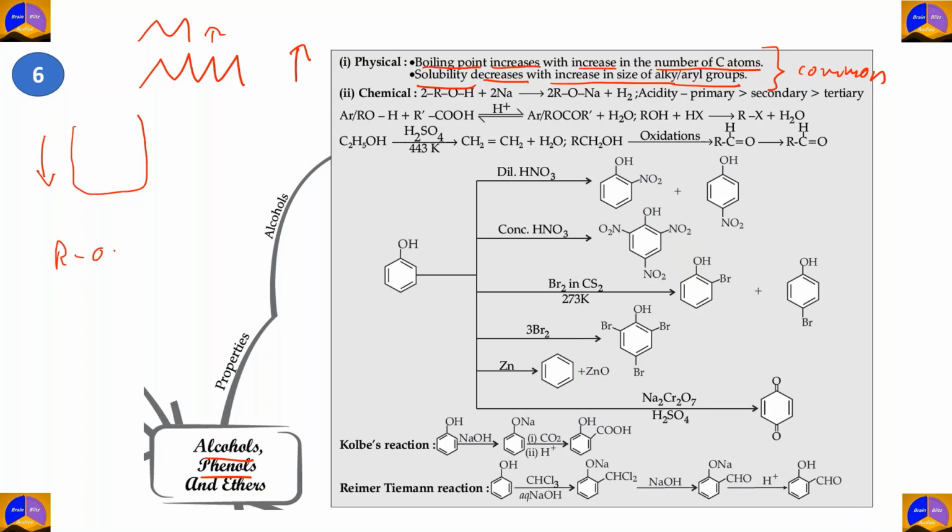So ROH plus C implies that this bond will be broken. So it becomes RO-C plus H+. It's not just when alcohols are nucleophilic that this bond is broken. When they're electrophilic as well, it is also broken.